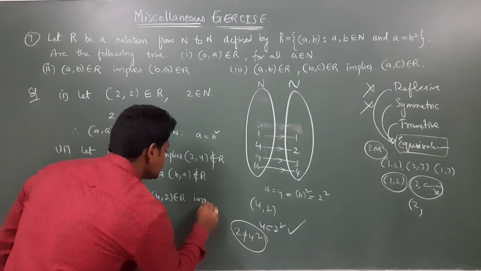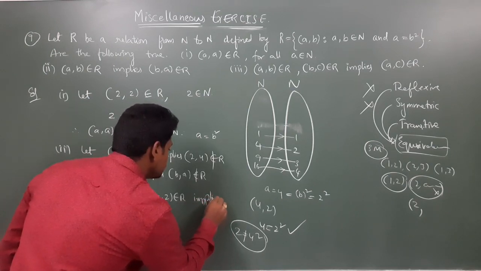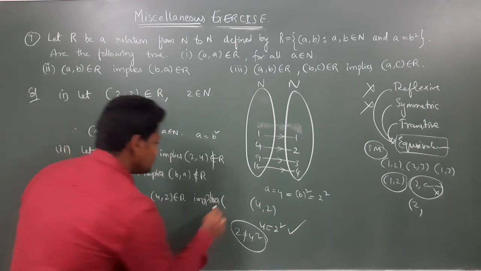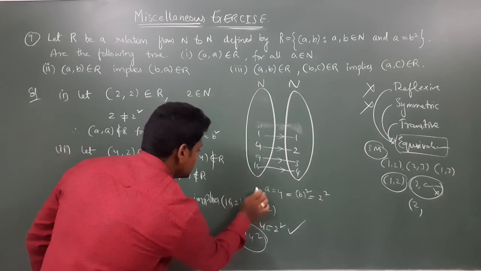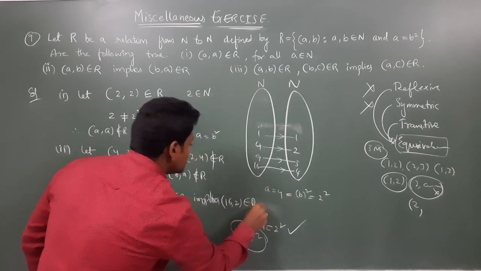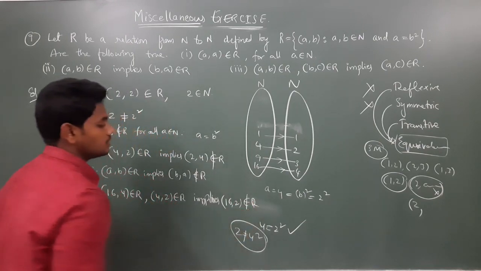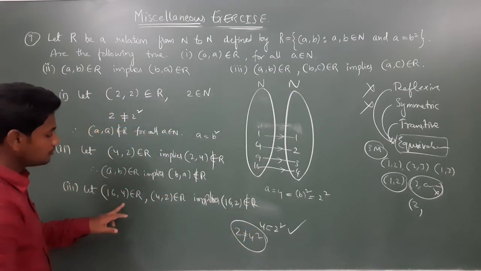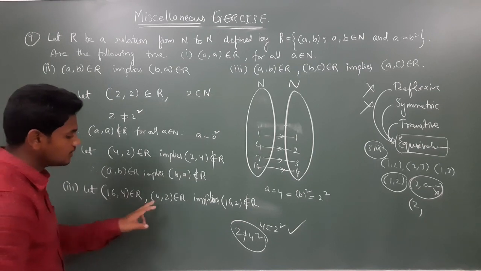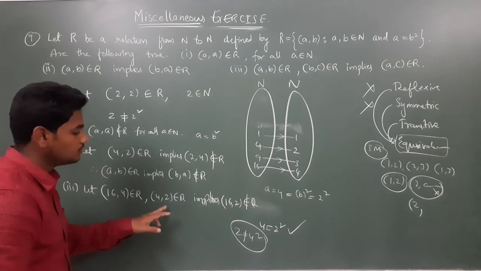So it implies (16, 2). Does (16, 2) belong to R or not? It does not belong to R. Why? Because (16, 4) belongs to R, since 16 equals 4 squared, and (4, 2) belongs to R, since 4 equals 2 squared.